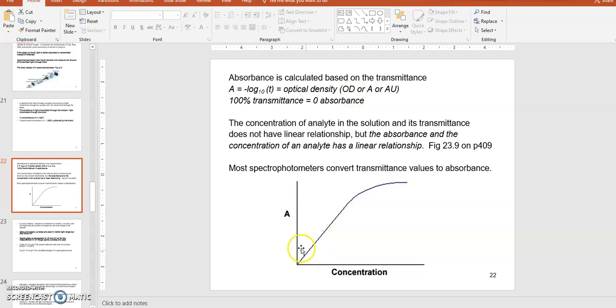So when you get a reading from the spectrophotometer, it's always in units of absorbance, and you're going to use that absorbance value to compare the concentration of your samples. That's the data set you're going to get, and that's the spectrophotometry analysis you're going to do.